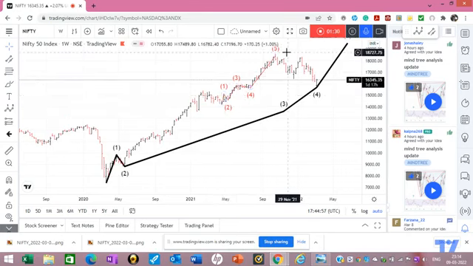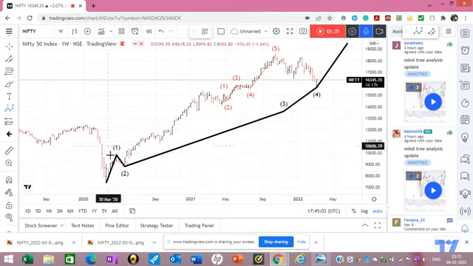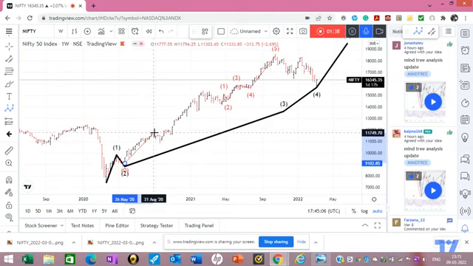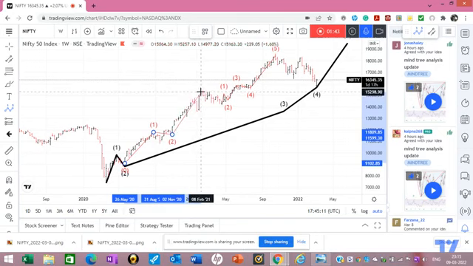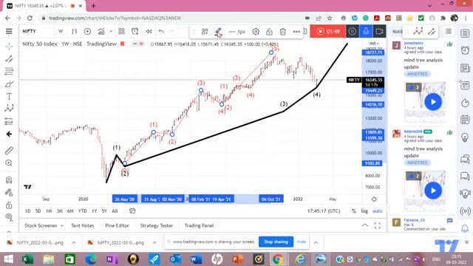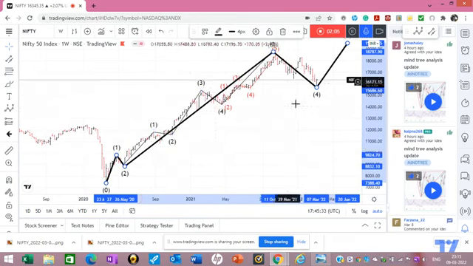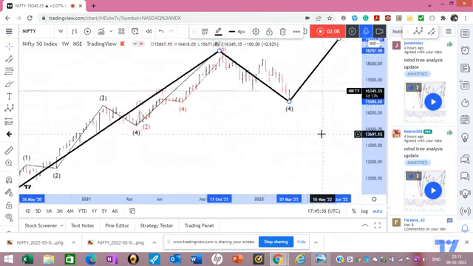And the whole wave, I will mark it like this: 1, 2, 3, 4, and 5. So this would be the intermediate wave 3, and these are the subdivisions, and this is the fourth wave correction.